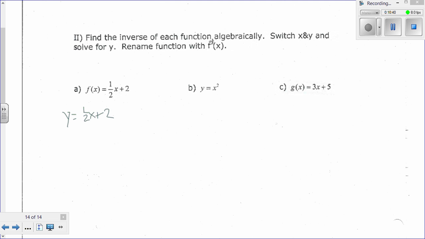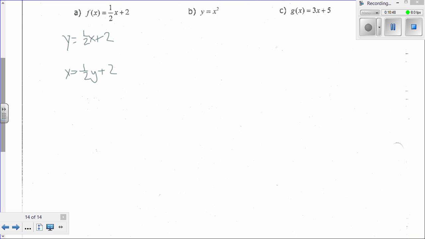Now switch x and y. So x equals 1/2 y plus 2. Now get y alone. So I'm going to subtract 2 from both sides.